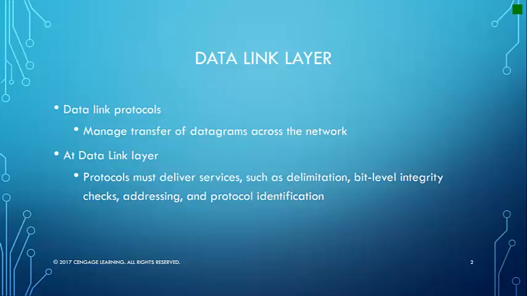At the data link layer, this means that protocols must deliver services such as delimited bit-level integrity checks, addressing for packet-switched connections, and protocol identification for links that carry multiple types of protocols over a single connection.